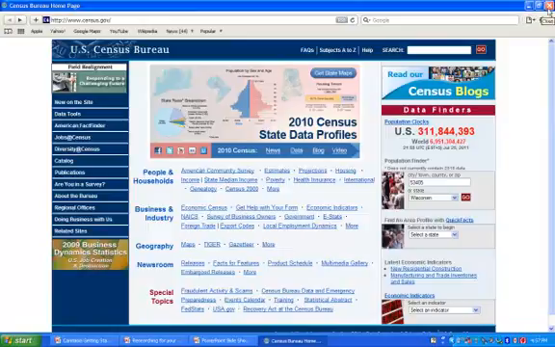So if you're looking at population, salary, where are people moving to, you can then do a comparison between 1990 to 2000 and 2010.